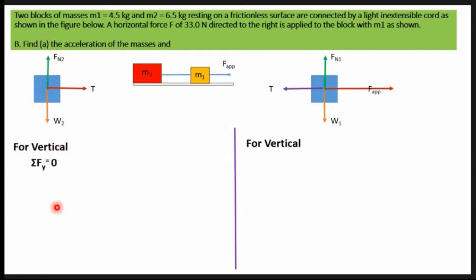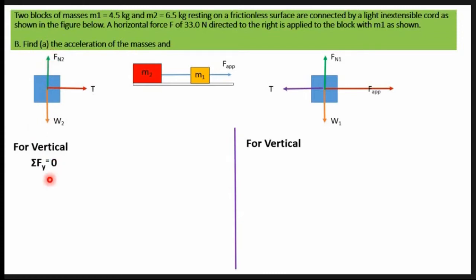So why is it that the summation of the forces in the vertical direction, I put it 0? Because in the free body diagram, the weight 2 and normal force is equal. So M2 is not going forward, it's not going upward, it's not going downward. So we could assume that the summation of the forces in the y direction is 0.